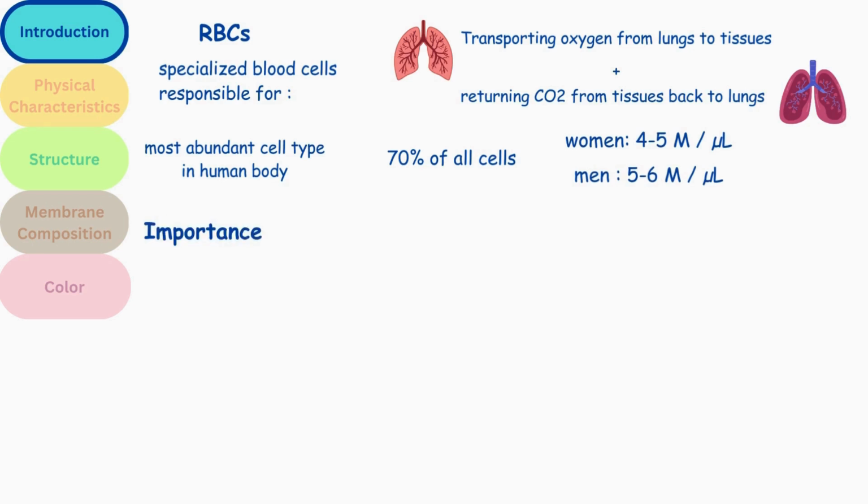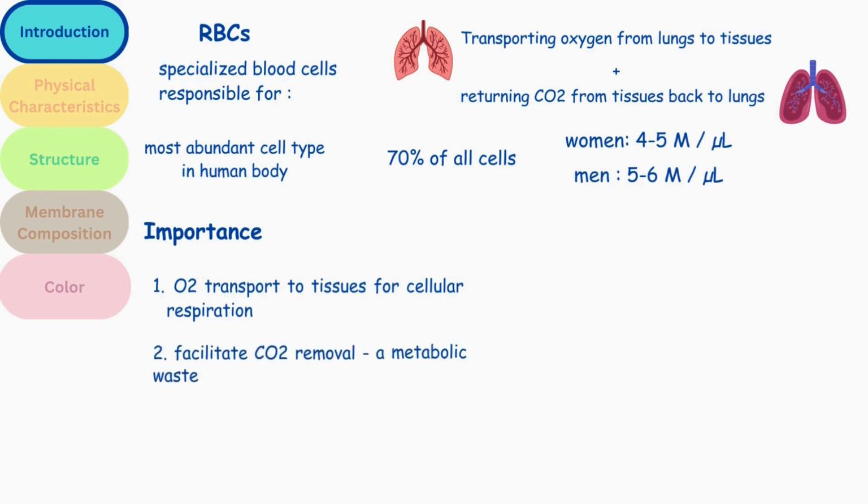Why are these cells, in most abundance in the body, important for us? Here are the main 4 reasons: to transport oxygen to tissues for cellular respiration, facilitate carbon dioxide removal, which is a metabolic waste, help to regulate homeostasis by buffering acids and bases, as it neutralizes them to help balance blood pH.